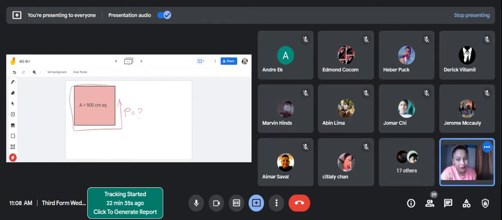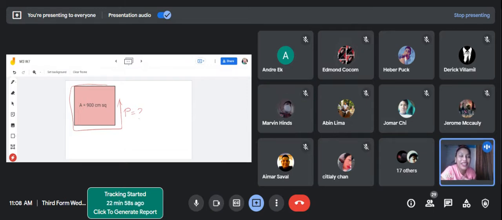Around the shape. Now, I don't have any information that talks about around the shape. For me to be able to find the perimeter of the square, what do I need to know? The one side.